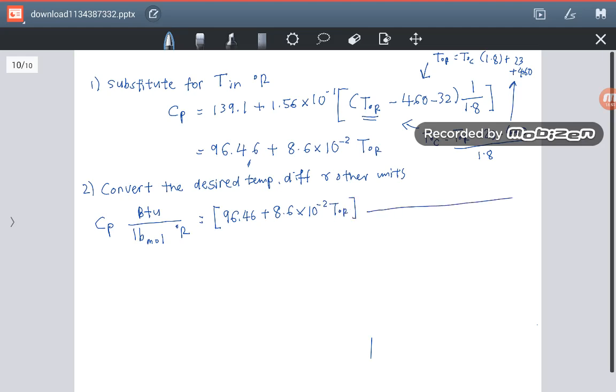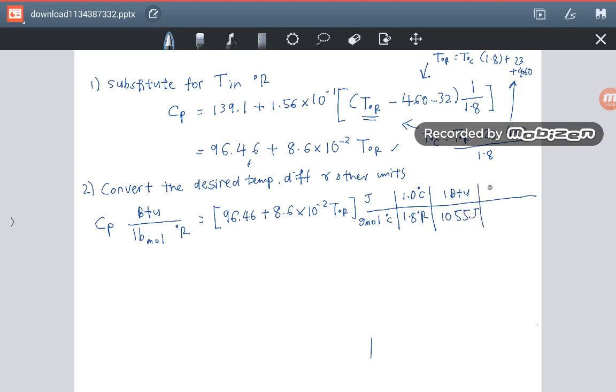And then we need to also convert other units here, joule per gram mole degree C. This is the initial unit here, and we are going to convert first the temperature difference from degree C to 1.8 Rankine, and then 1 BTU is equal to 1055 joule, and then 1 pound mole is equal to 454 gram mole.